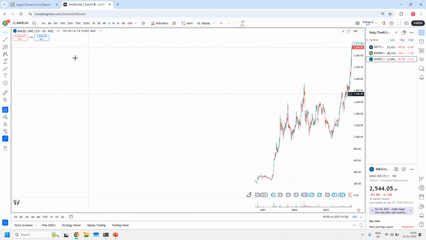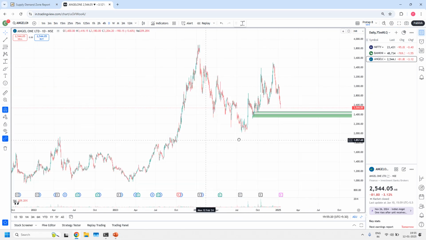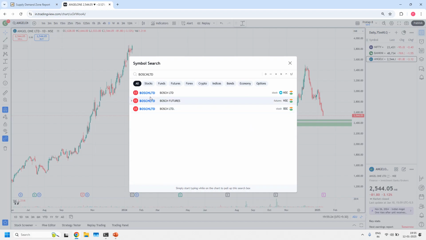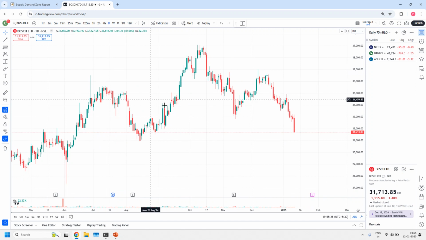So I'm going to the daily time frame. See, this is the rally candle, 5 base candles, 1, 2, 3, 4, 5, and a rally candle.